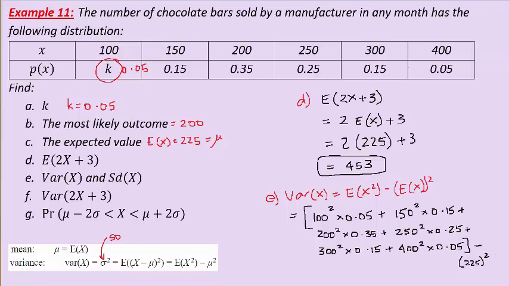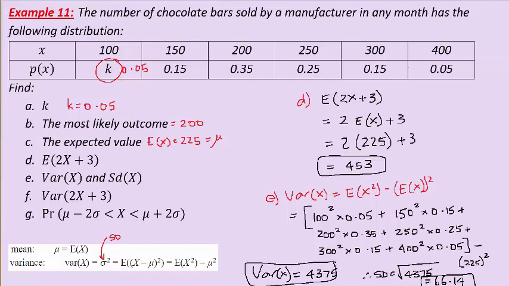And I'll put all of that into the calculator and work it out, and I'll get an answer which is 4,375. So therefore, my variance will be 4,375. But my standard deviation equals the square root of that, which will equal 66.14. So they're my two answers for part E.